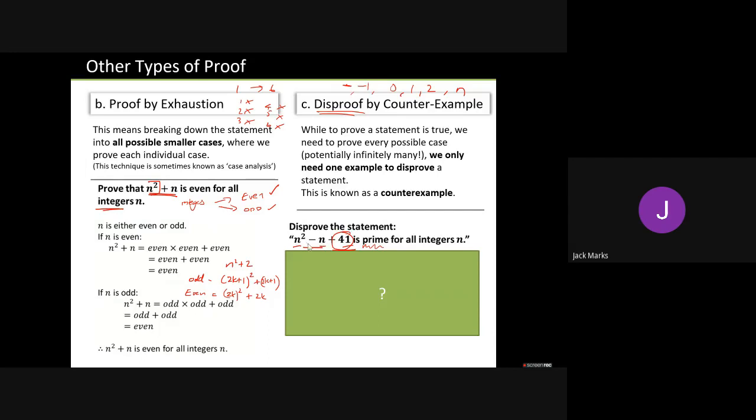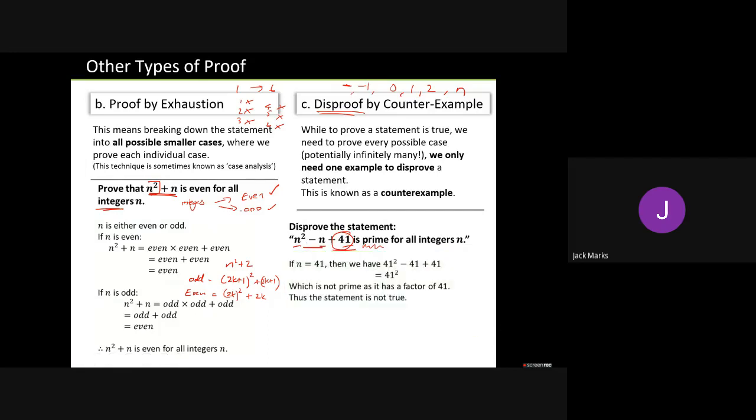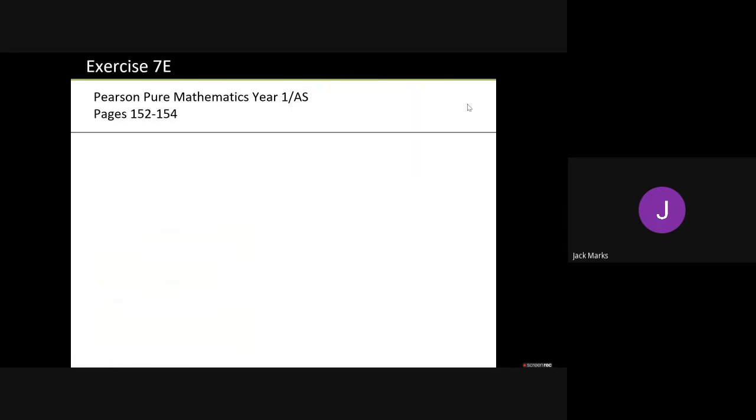So you'll be left with a square number. So if you have n equals 41, 41 squared is definitely not prime because 41 is a factor at least. So that takes a bit longer, that one. My advice would be to use these as a shortcut to find when it won't work. Okay, and that's the end of the chapter.